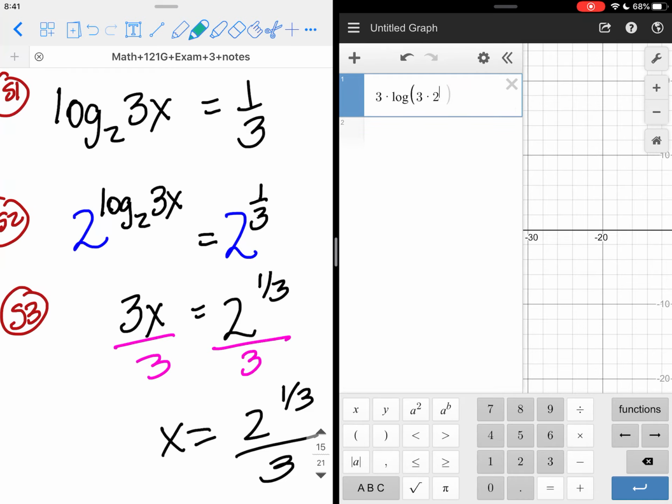X was 2 to the power of 1/3. I still need some parentheses because I need to divide it.